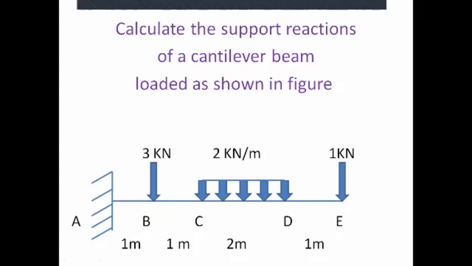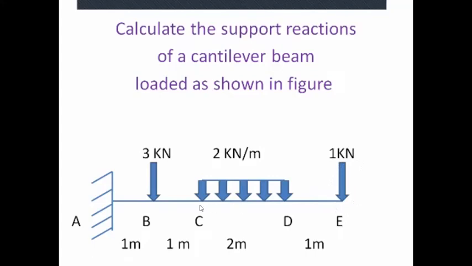Now think about forces. We also seen the types of forces. So observing first force that is acting at point B, it is 3 kilonewton point load or concentrated load, right? Moving to point E, again we have one point load, that too of magnitude 1 kilonewton.